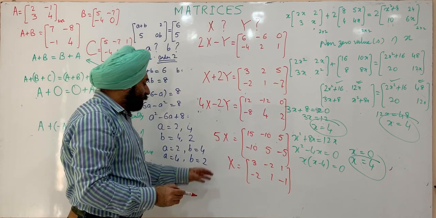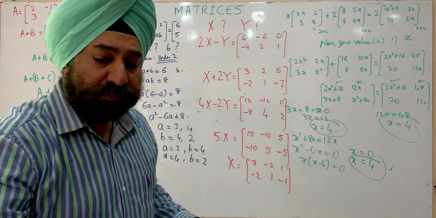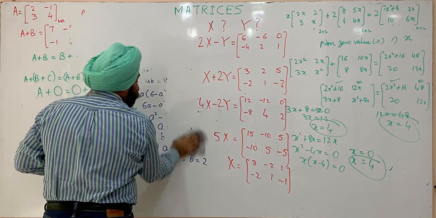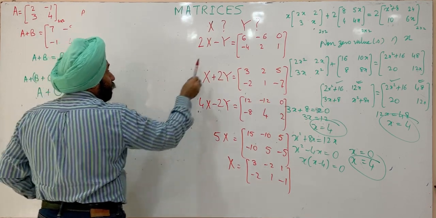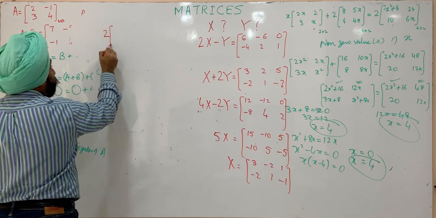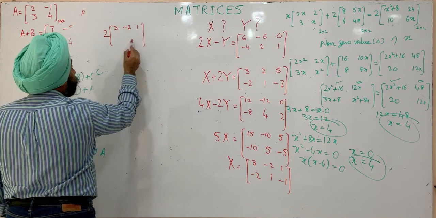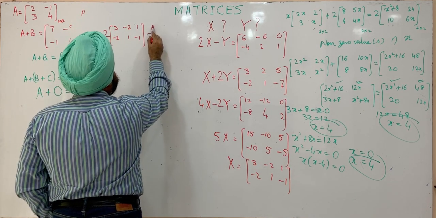Next, we can substitute this value of x, let's say in the first equation. So we have 2 into x, 2 into, that's 3, minus 2, 1, minus 2, 1, minus 1, minus y.